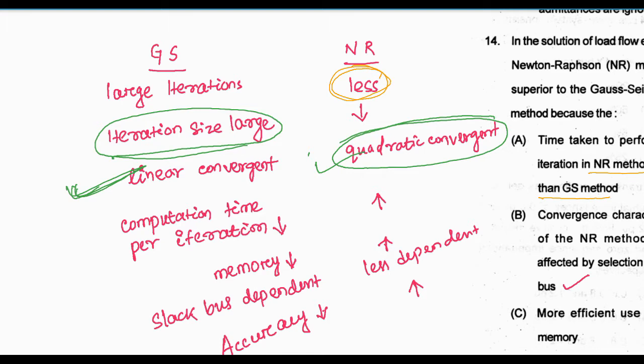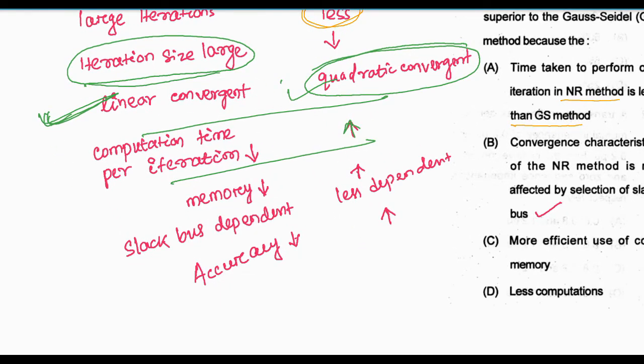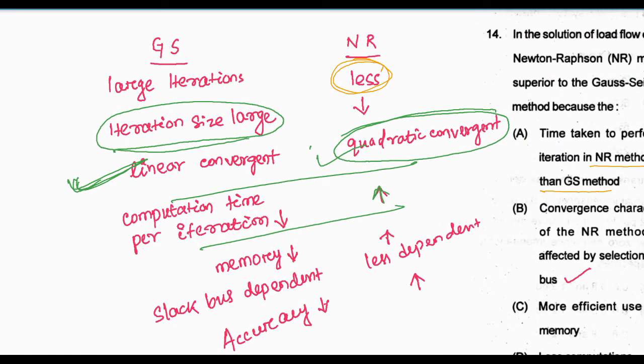So the next point is computation time per iteration, which is less in the case of Gauss-Seidel method, but large in Newton-Raphson method. Next is memory efficiency. Gauss-Seidel method takes low memory, whereas Newton-Raphson takes higher memory.